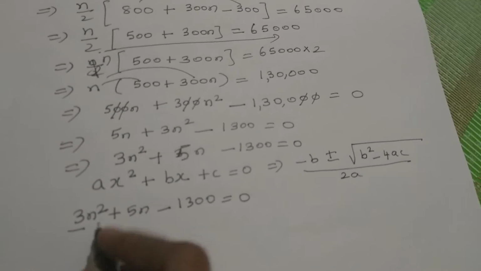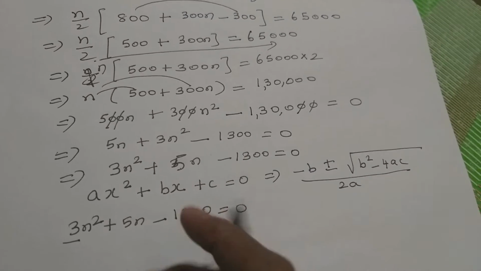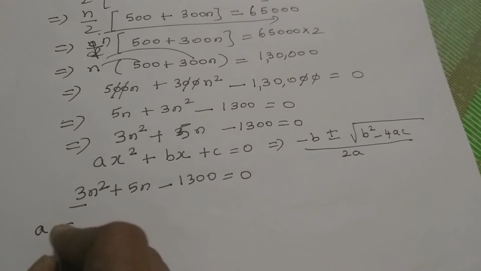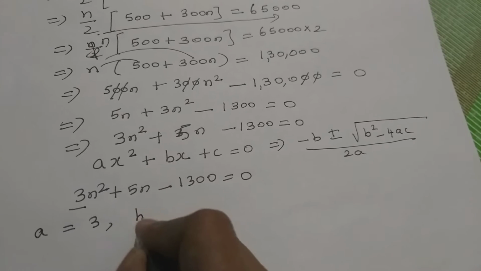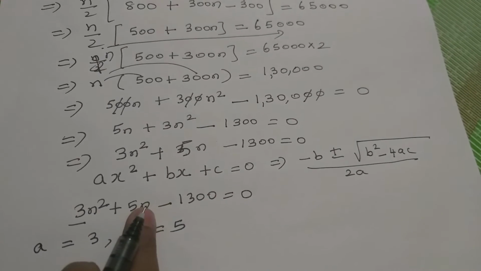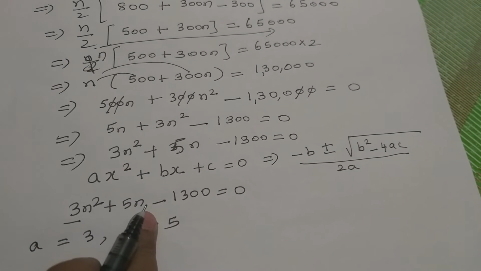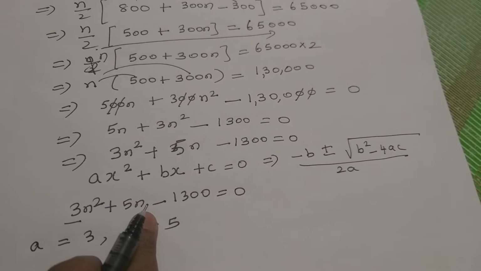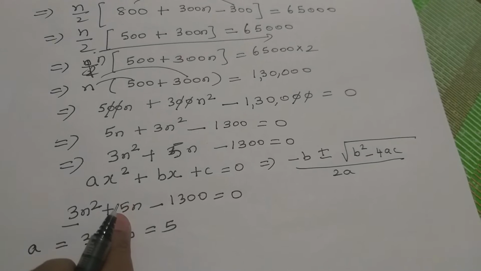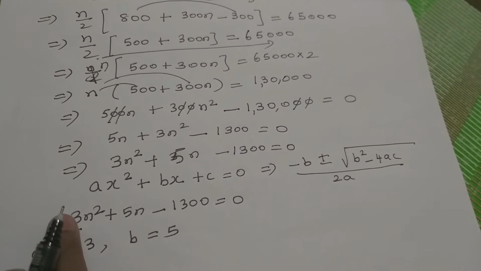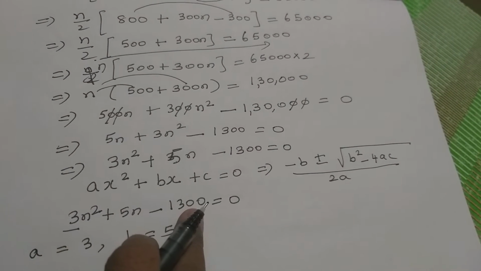Here, if you compare this equation to the quadratic formula, a is equal to 3, b is equal to 5. In the place of power 1, the n power 1, that is in the place of x, the n coefficient is 5. So b is 5. This is in the form of ax squared plus bx plus c.